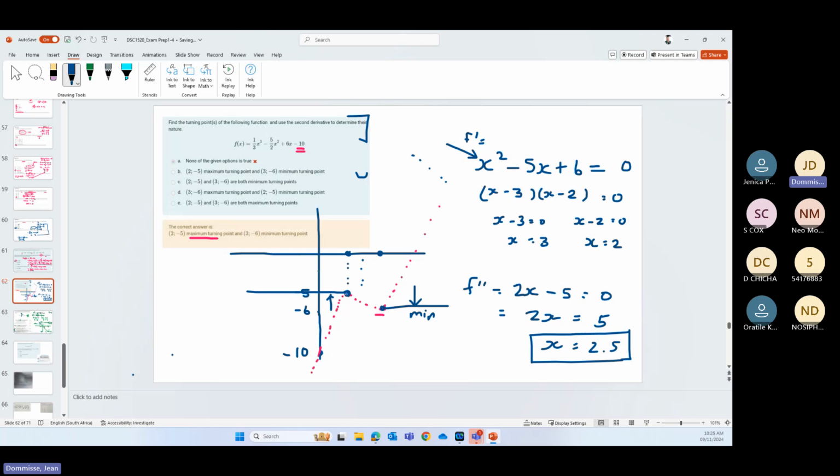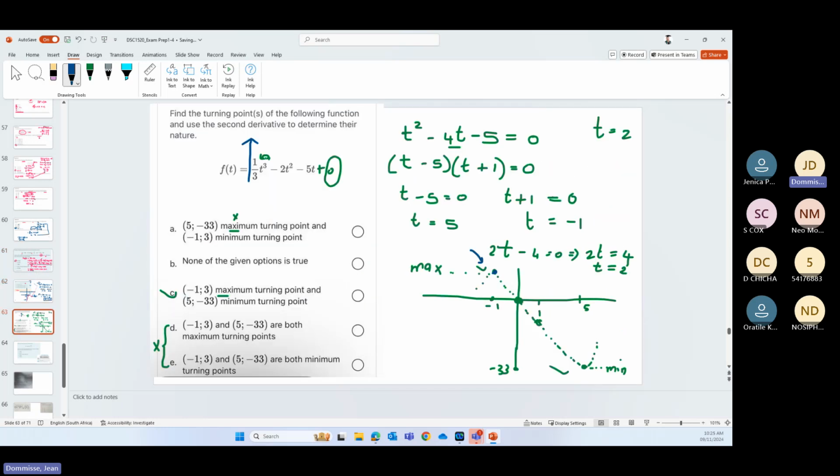So that might be nearly already an identifier for you to say, when this thing is positive, we know that the first point will be the maximum point.